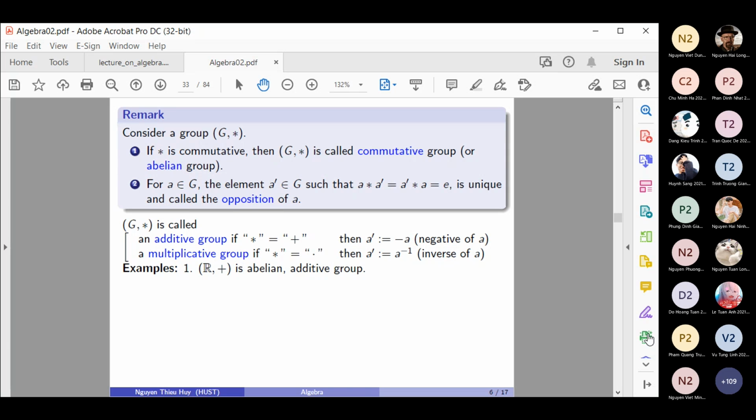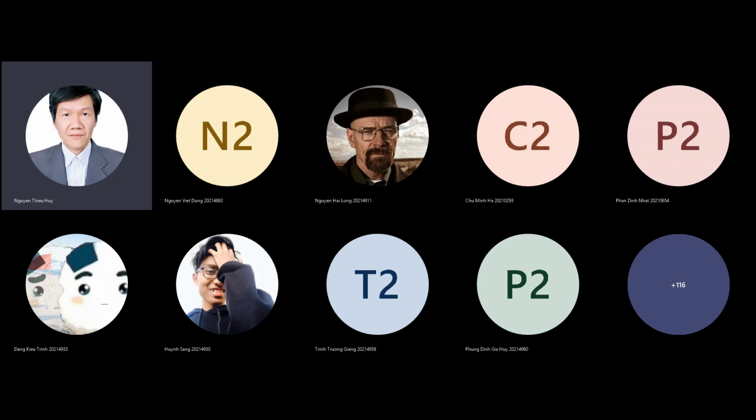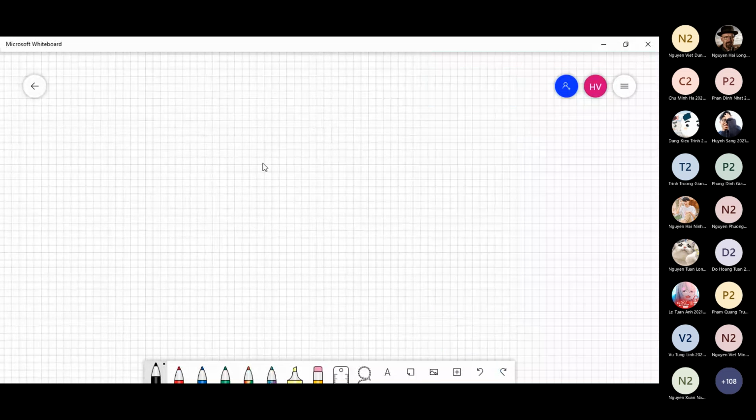Okay, I will write on the whiteboard so that you can see these properties once again. Here you have R and addition. Addition is associative, commutative, and has a neutral element.